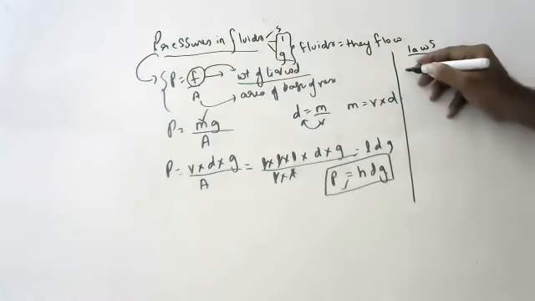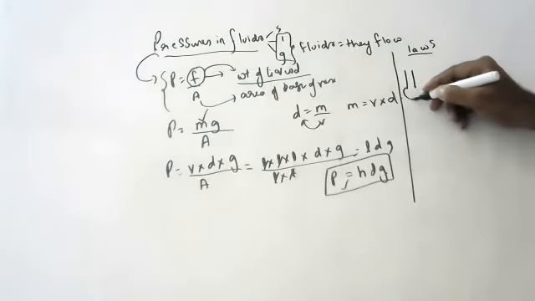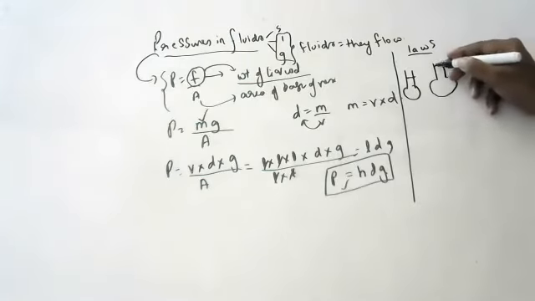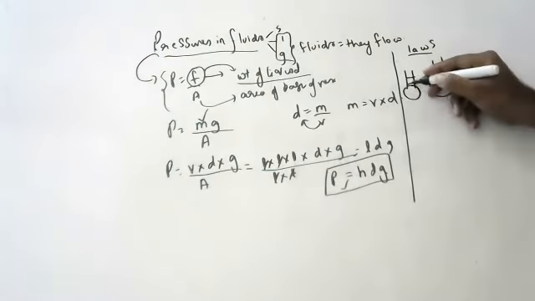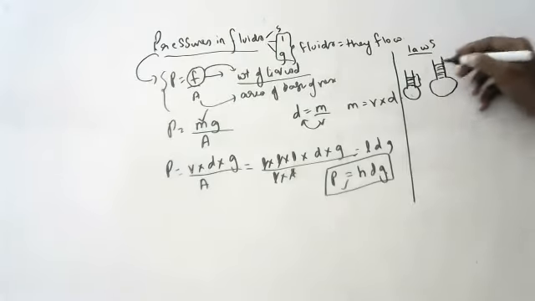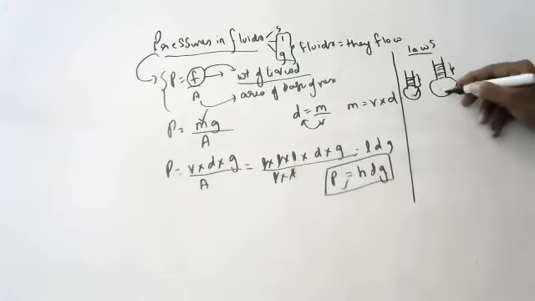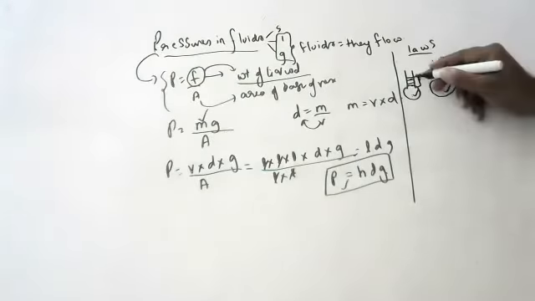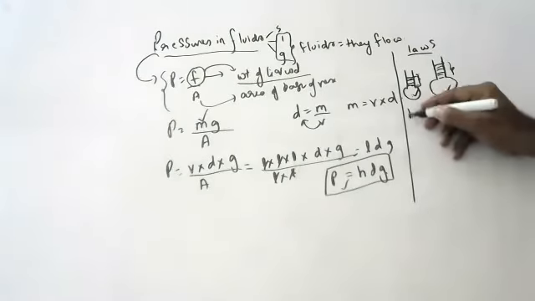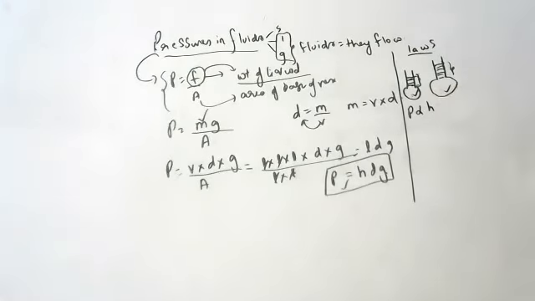Suppose here some height is there, and you are keeping balloons. Whichever has more height of liquid column will exert more pressure, and that balloon will become bigger, indicating that pressure is directly proportional to height.